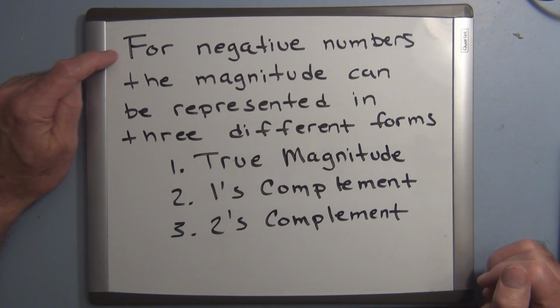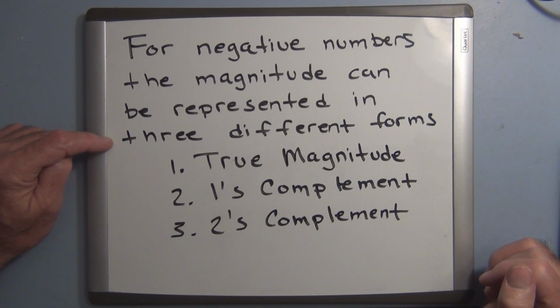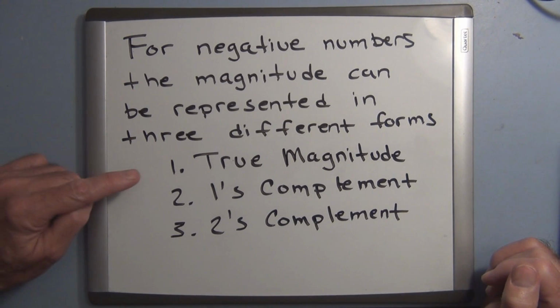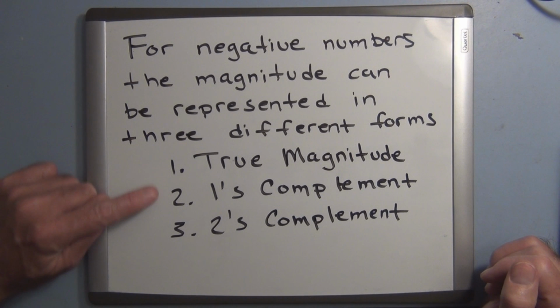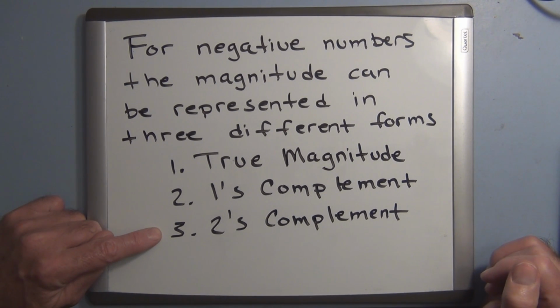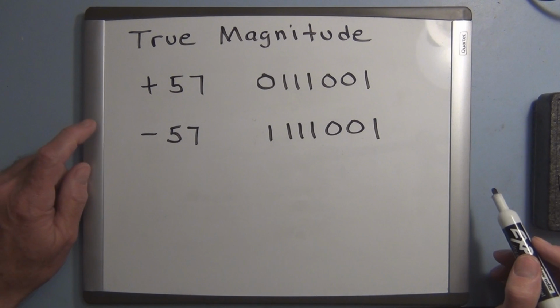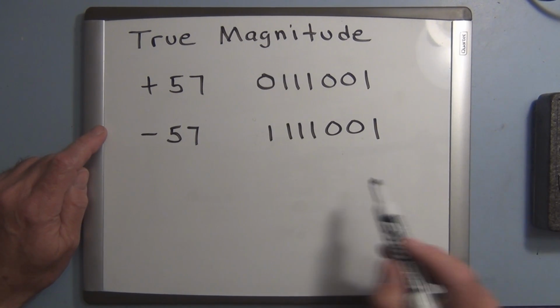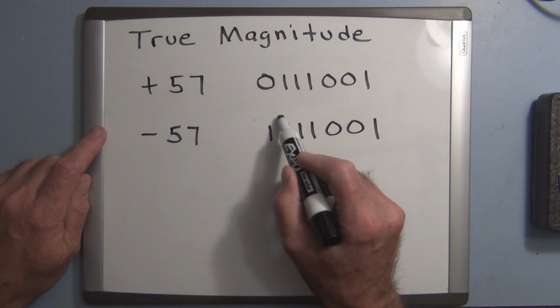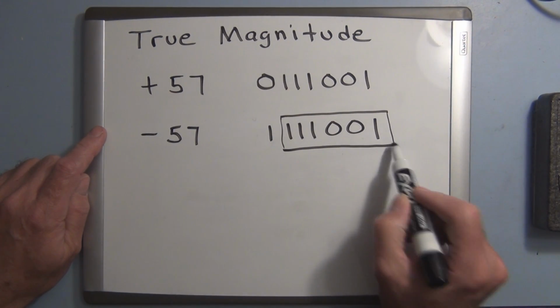For negative numbers, though, the magnitude can be represented in 3 different forms. We have a true magnitude form, a 1's complement form, and a 2's complement form. And we'll go over what these look like. In true magnitude form, the magnitude portion of a negative number is in true binary form. It hasn't changed.